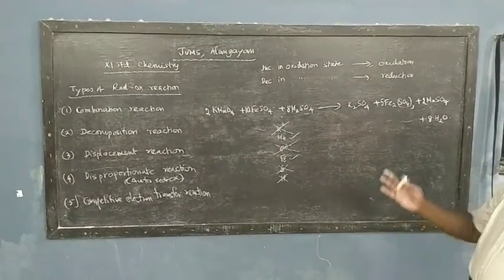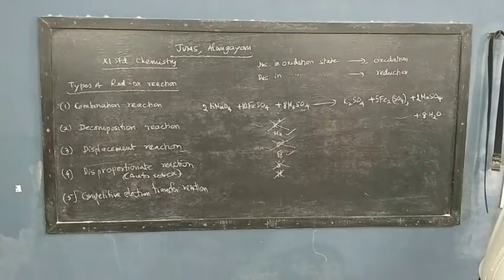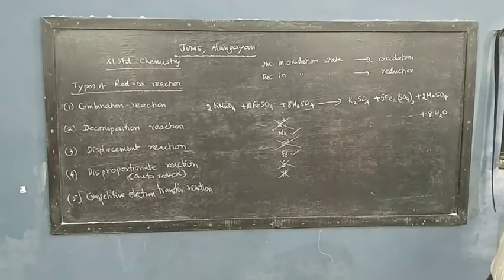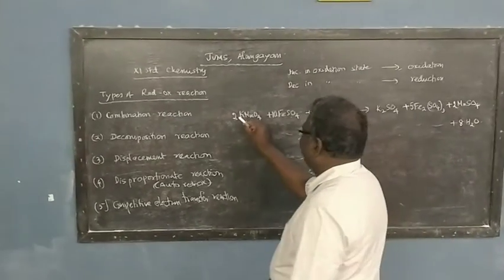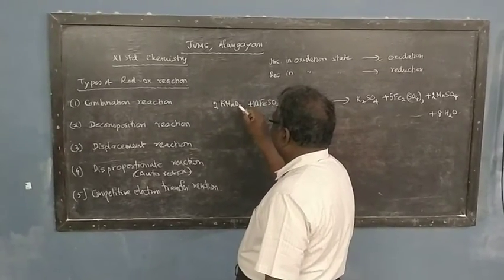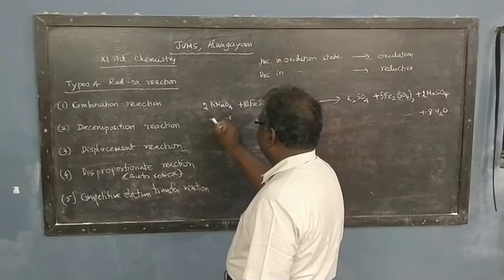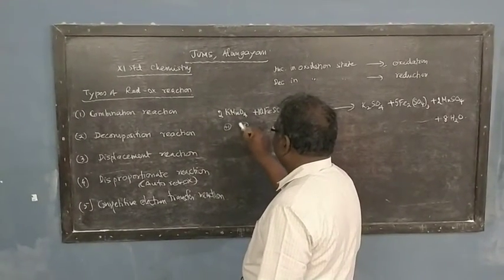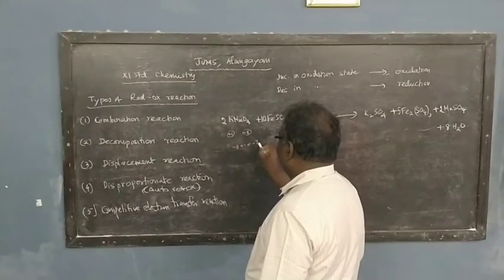So given any chemical reaction, you can easily find out which are the elements in which oxidation or reduction will take place. So in this, if you take potassium permanganate, oxygen oxidation state is 4 into minus 2, minus 8, and this is plus 1. So this minus 8 plus 1 will come to minus 7.